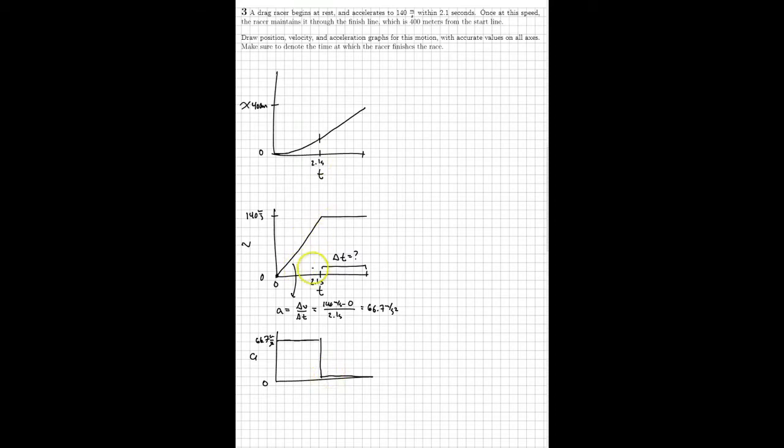So what I know is that this whole area is my delta x total, which is 400 meters. And that equals this big area here. So you can break it up into a triangle and a rectangle if you like. If I'm going to do that, I'm going to call this velocity v.